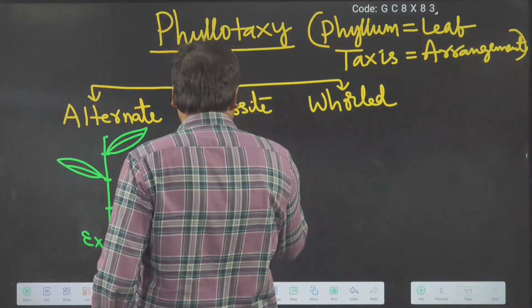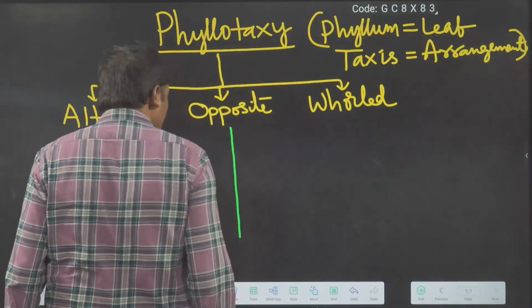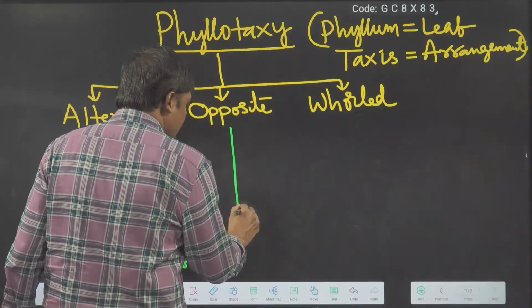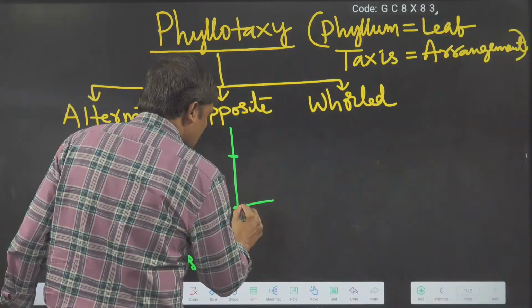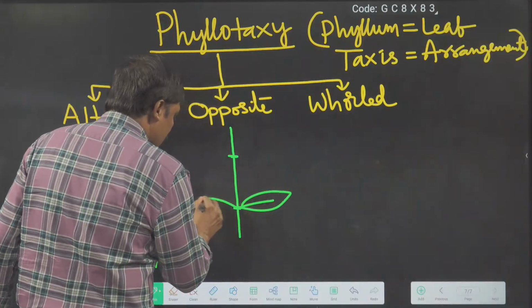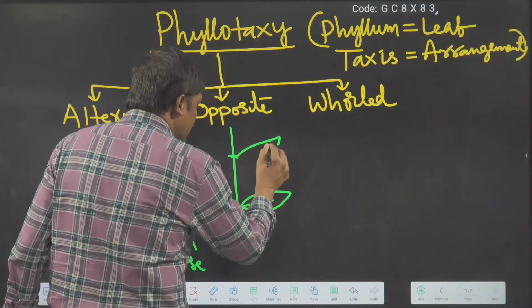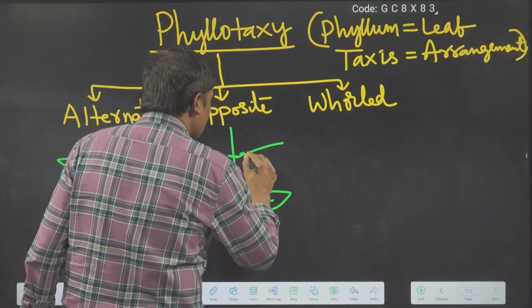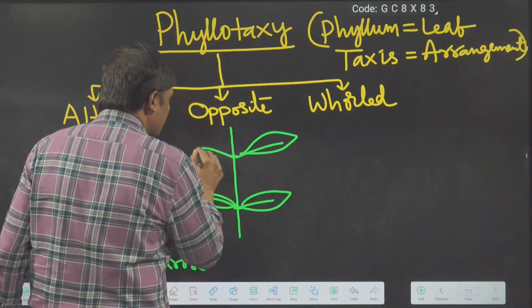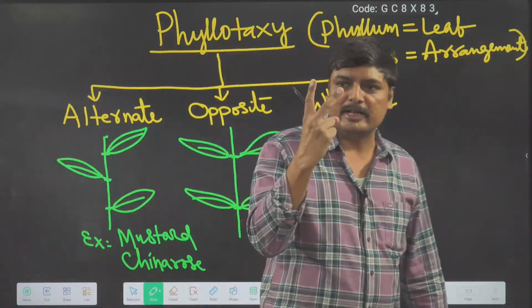Similarly, if two leaves are borne at each node, like this, one leaf, second leaf, the two leaves at each node are present in an opposite manner.